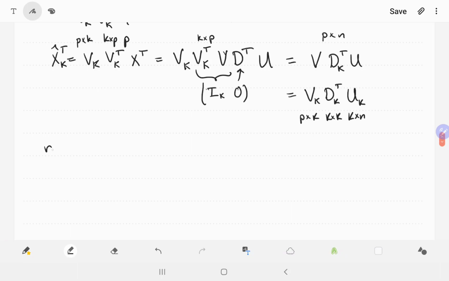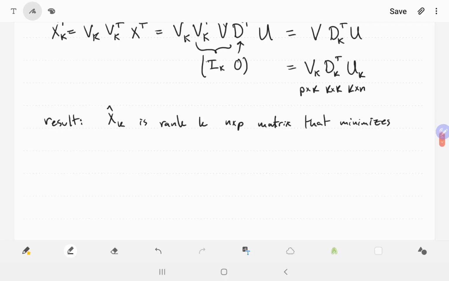Another thing that we see is that x hat k is the rank k, n by p matrix that minimizes the sum over i of the norm of xi minus x hat k sub i, two norm squared, and this is smallest amongst all rank k, n by p matrices.